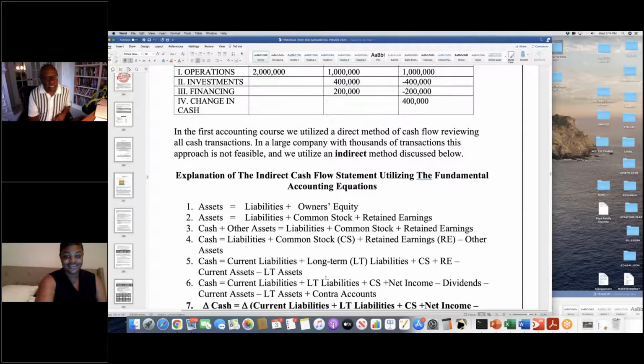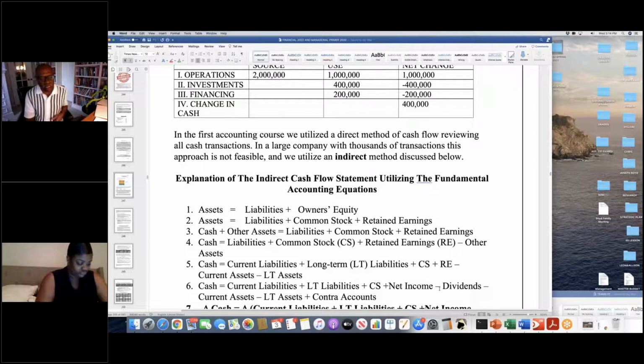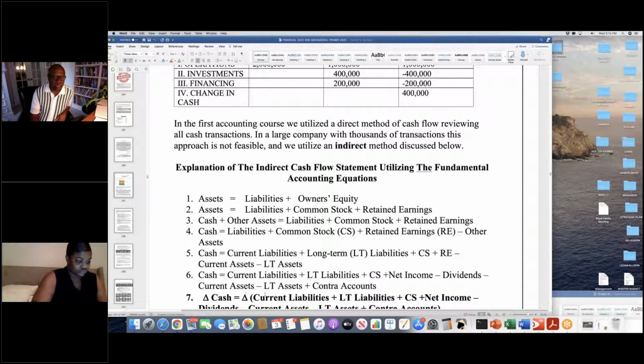And finally, cash equals the current liabilities plus the long-term liabilities, the common stock, the net income minus the dividends, that's retained earnings, minus the current assets, minus the long-term assets, plus contra assets.